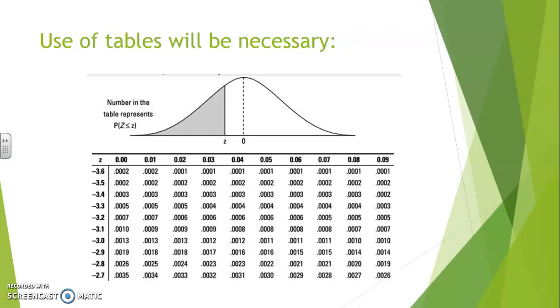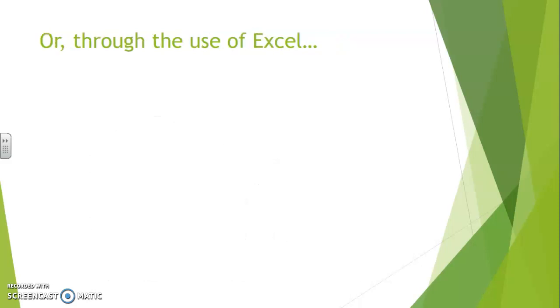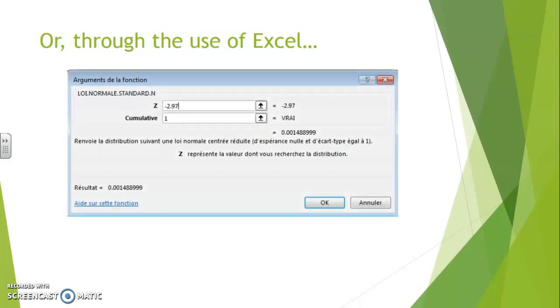Today, with more sophisticated tools, we could use, for instance, Excel, which will give us the probability for specific values of z and those that precede it. Like most cumulative probabilities, the area is calculated left of a certain z value.